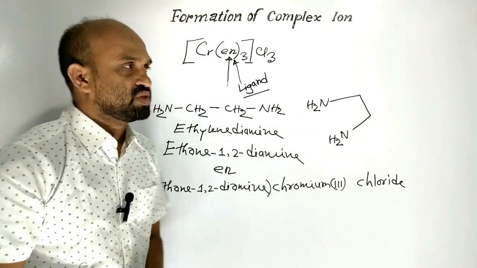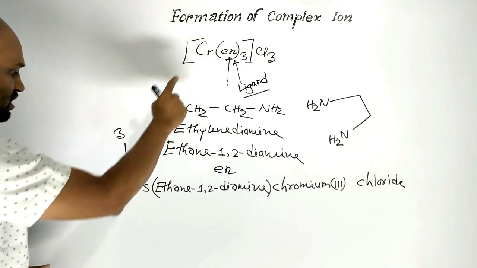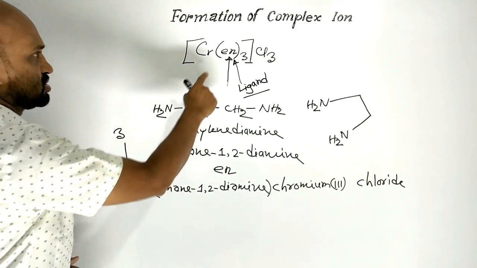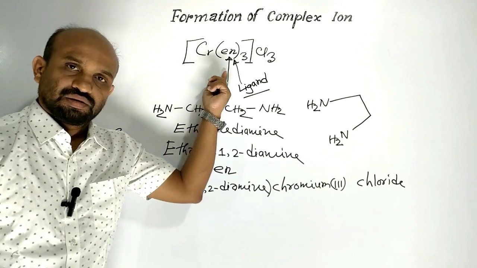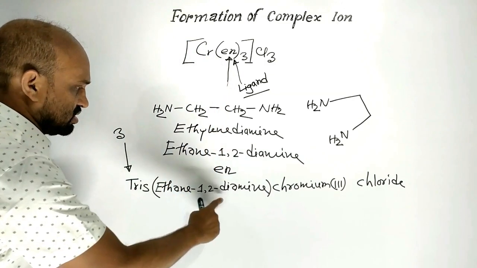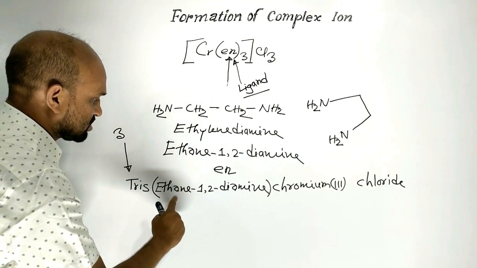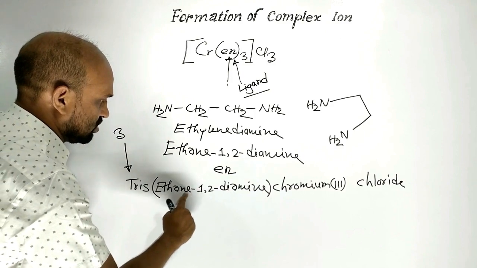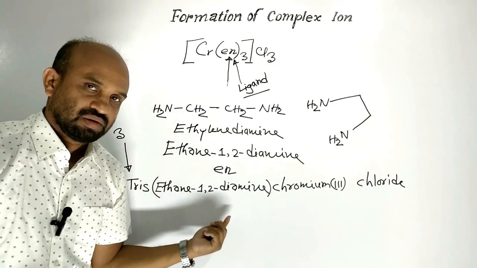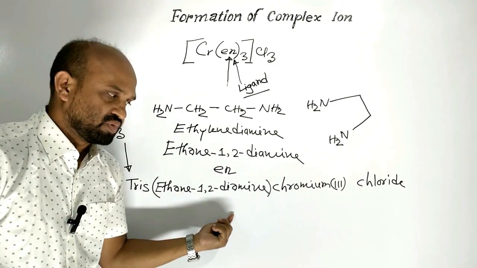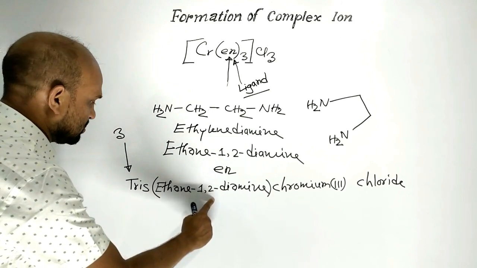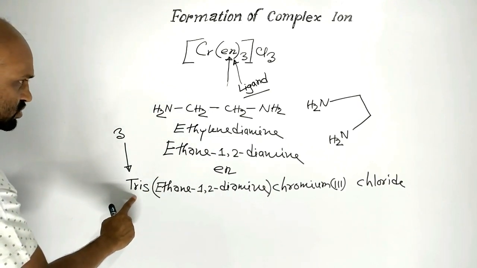This is the name of this compound. Here tris means 3. 3 N's are here. 3 ligands are here, that is ethane 1,2-diamine. For this reason, before the name of this ligand, tris is used.